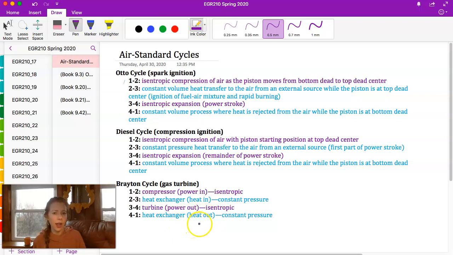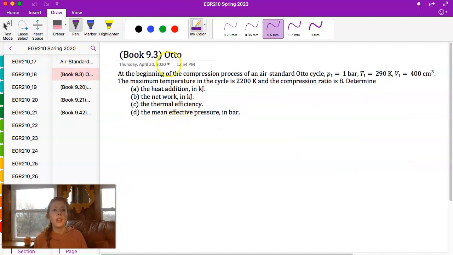So that's Q dot out, and that is at constant pressure. So the major difference here is that for the most part with these cycles, we're dealing with piston-cylinder assemblies. For the Brayton cycle, we're dealing with compressors and turbines. All right, so let's get started and jump right into an example problem dealing with the Otto cycle.